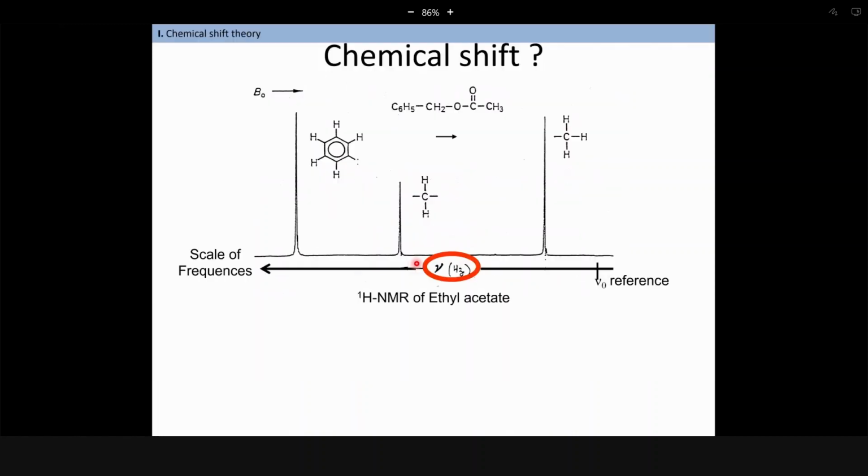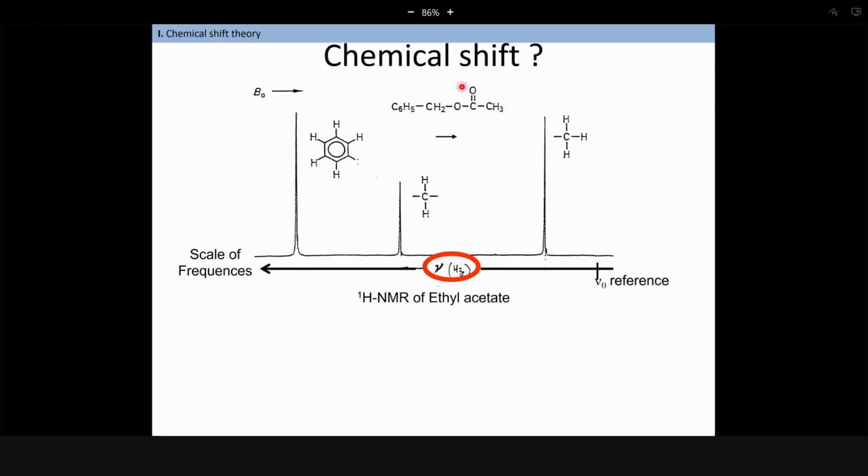So let's now finish the theory. We now enter the NMR spectrum, and we try to understand how we could interpret the different kinds of signals. Here we start with a very small molecule. You see we have an aromatic ring here, a CH2 linked to an oxygen, then to a C double bond O and a CH3.